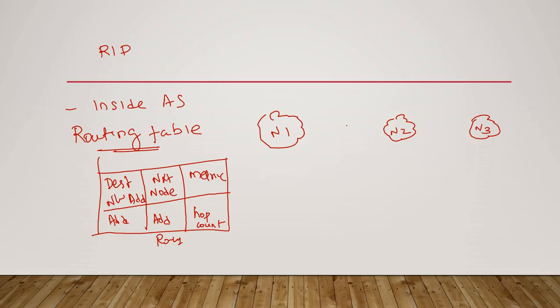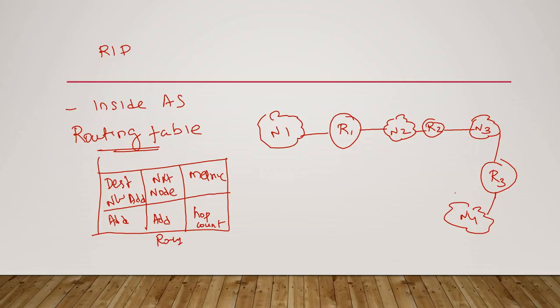Between network 1 and 2, router 1 is connected. Between network 2 and 3, router 2 is connected. Then one more network, network 4, with router 3. Now we need to reach network 4. This is our source network, and this is our destination network. So how many networks do we need to cross?